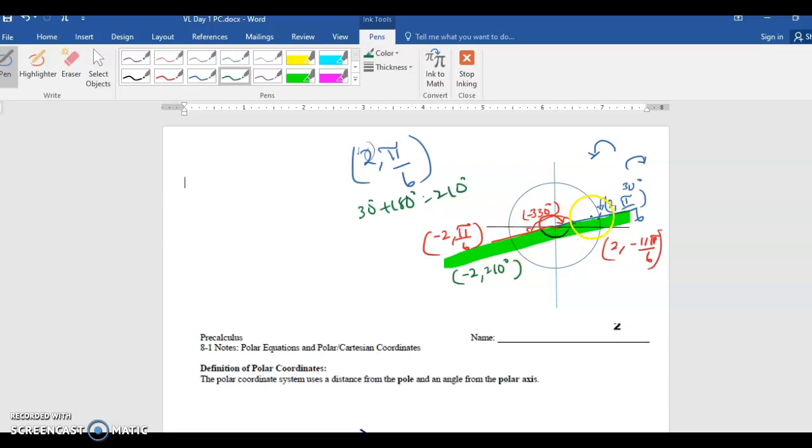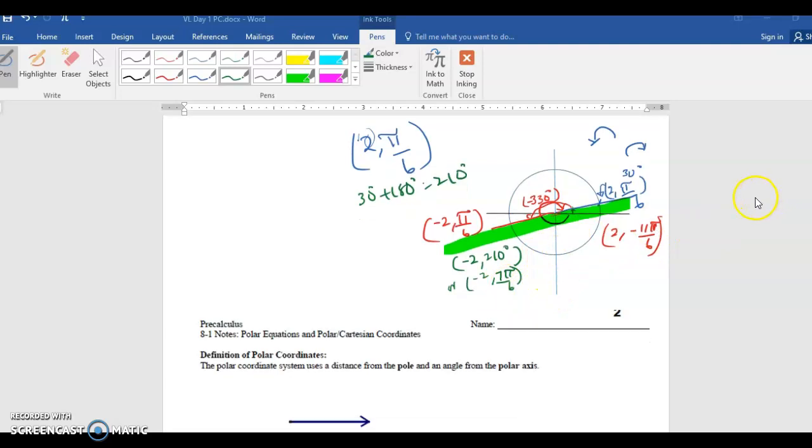All right. You can pause here, go back and listen to the explanation one more time. Once you understand it, the concept becomes easy. So: 2, pi over 6; 2, negative 11 pi over 6; negative 2, pi over 6; and negative 2, 7 pi over 6. Get the idea?